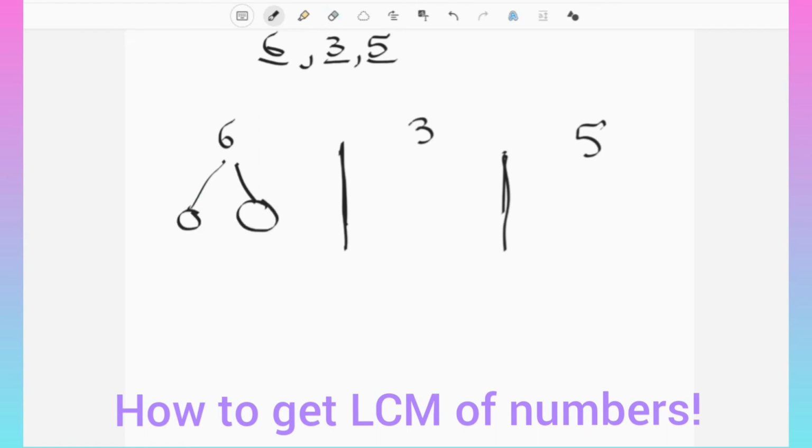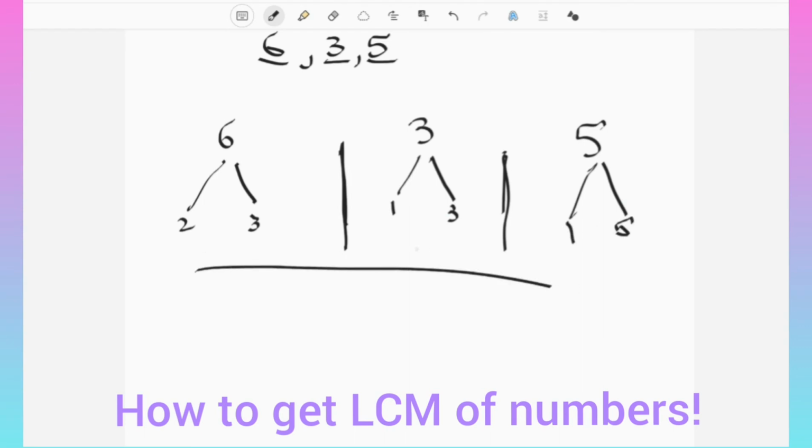Let's see what we multiply to get 6 as the multiple. There's 2 and 3, and next there's a 3, which can be 1 and 3 because it's a prime number, and next is 5, which is 1 and 5 because it's a prime number as well.